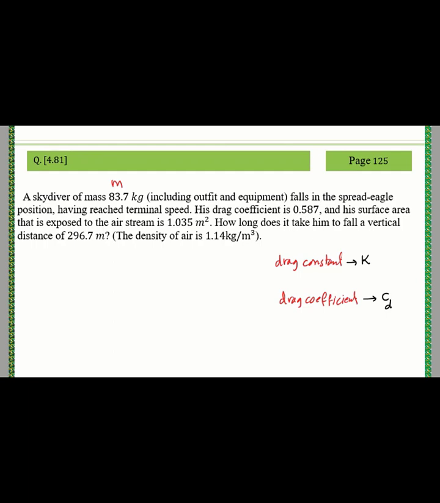How can I distinguish between them? CD has no unit. K has a unit, and the unit depends on the nature of the force. For example, if the drag is proportional to square of velocity, then for the falling object mg equals k v squared.